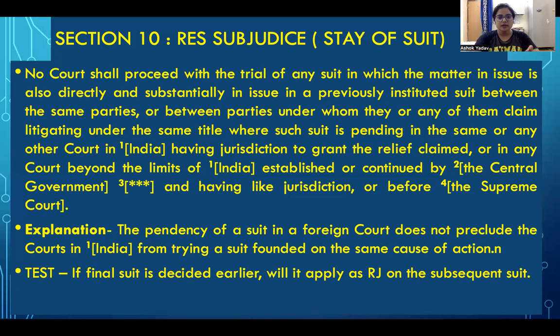They are saying, suppose there is a suit which is already going on, which is pending in a court, and the matter which is directly and substantially in issue in that suit, and now you file a new case on the same ground, on the same issue, between the same parties and under the same title, and the previous matter is still pending, it is not decided yet, right? Then your suit will be stayed. That is, you cannot proceed with the trial of any suit with respect to that matter.